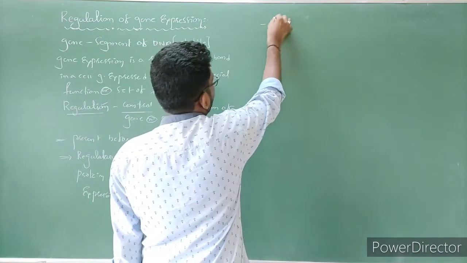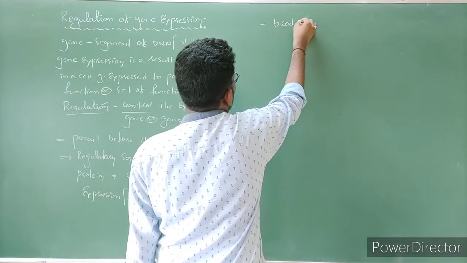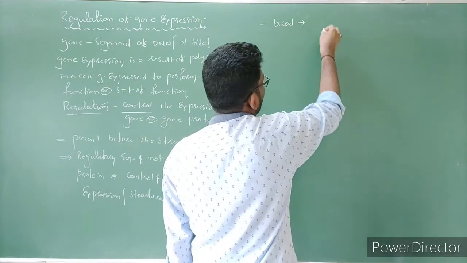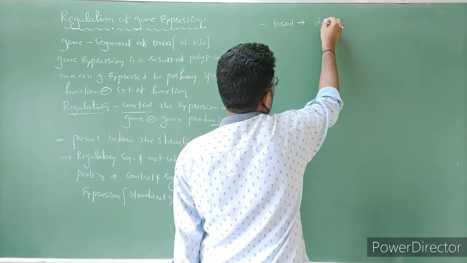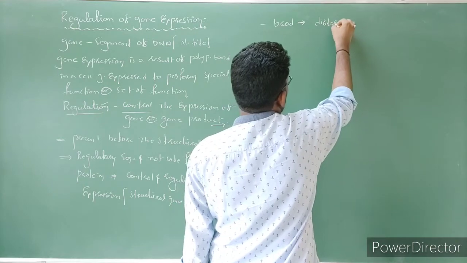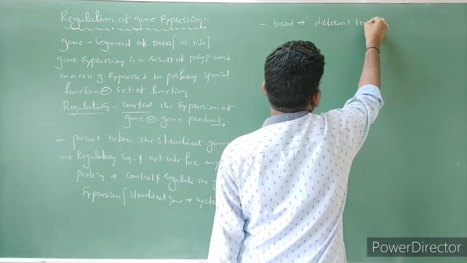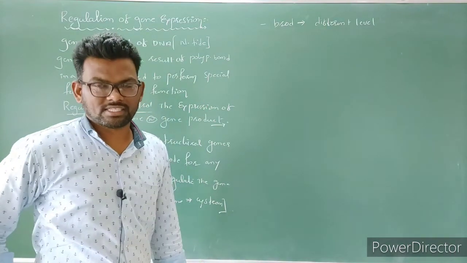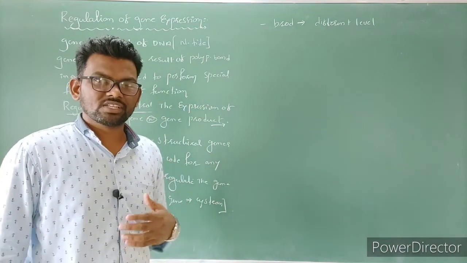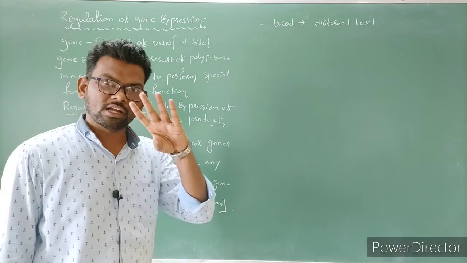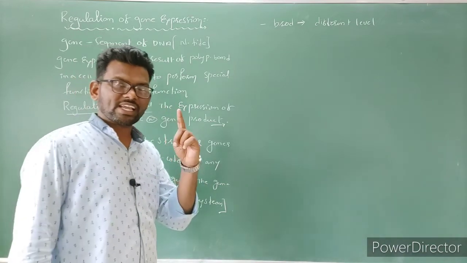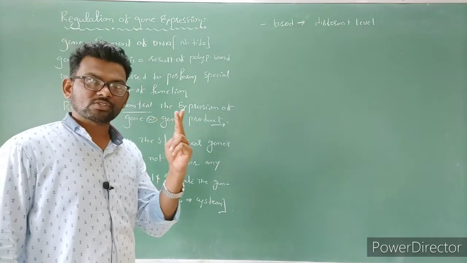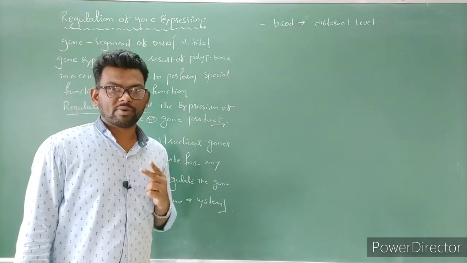Next, let's enter into the lesson. Regulation of gene expression is one broad term. The regulation is controlled at different levels or various levels. For example, in eukaryotic cells, the gene expression is regulated mainly at four levels. The first one is at the transcriptional level. Second, processing of mRNA, nothing but splicing of mRNA.